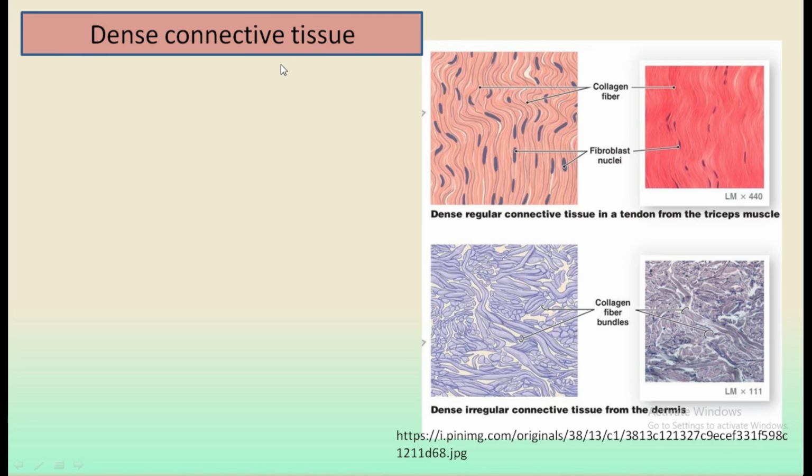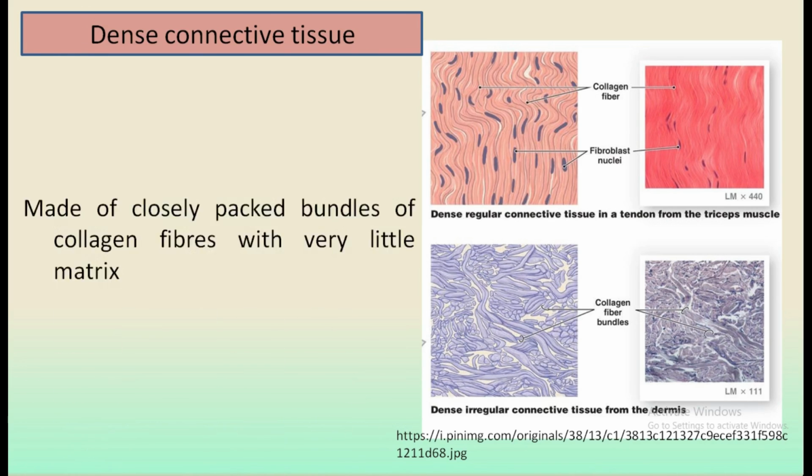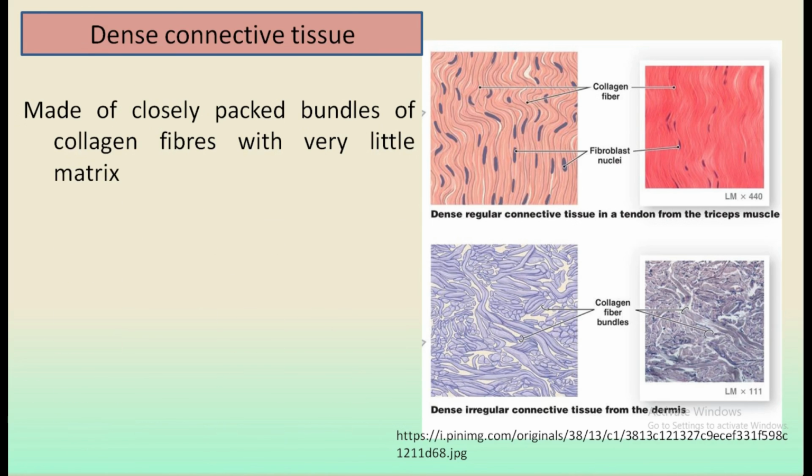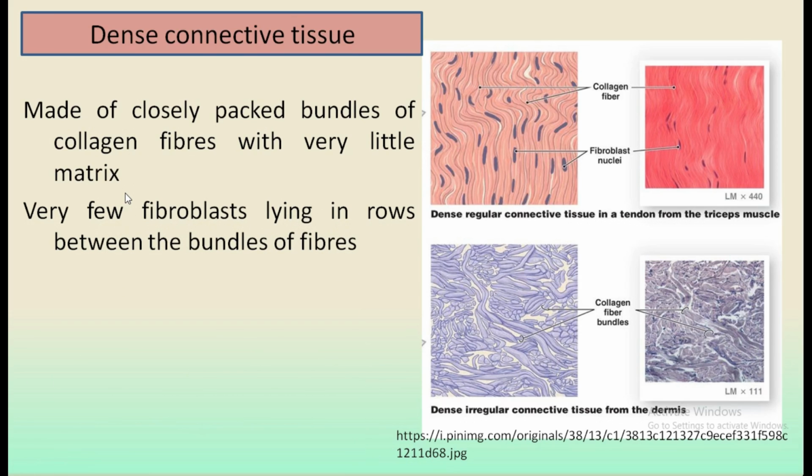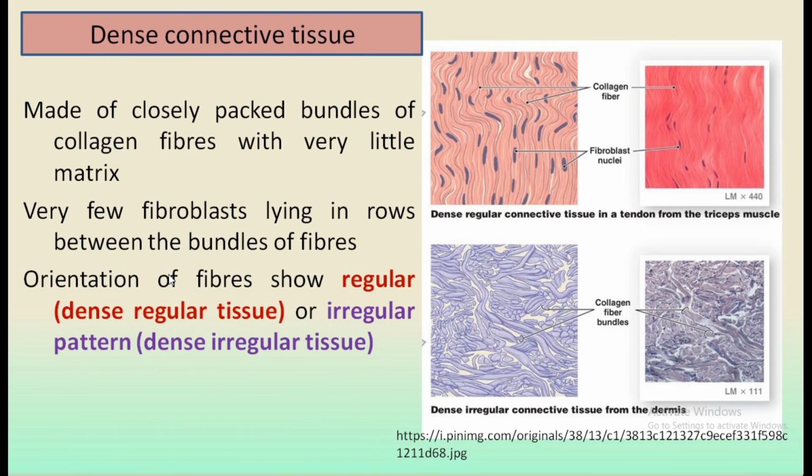Another type of connective tissue proper is dense connective tissue, and dense connective tissue is made of closely packed bundles of collagen fibers with very little extracellular matrix, and there are few fibroblasts which lie in rows between the bundles of fibers. The orientation of these fibers shows a regular or irregular pattern.